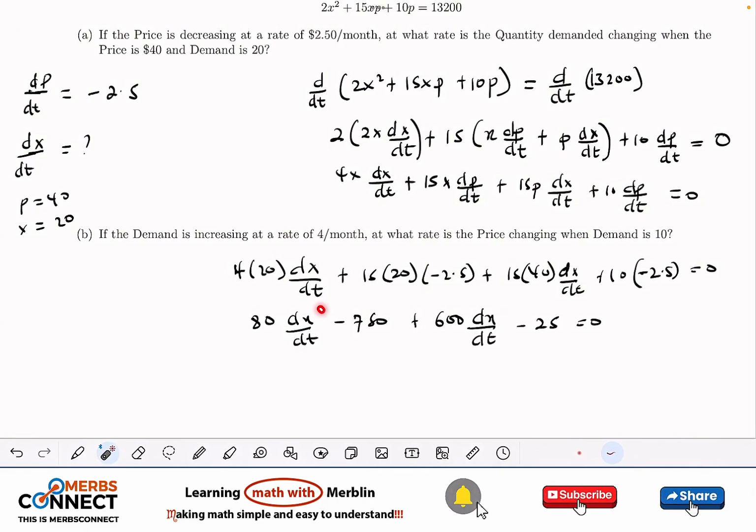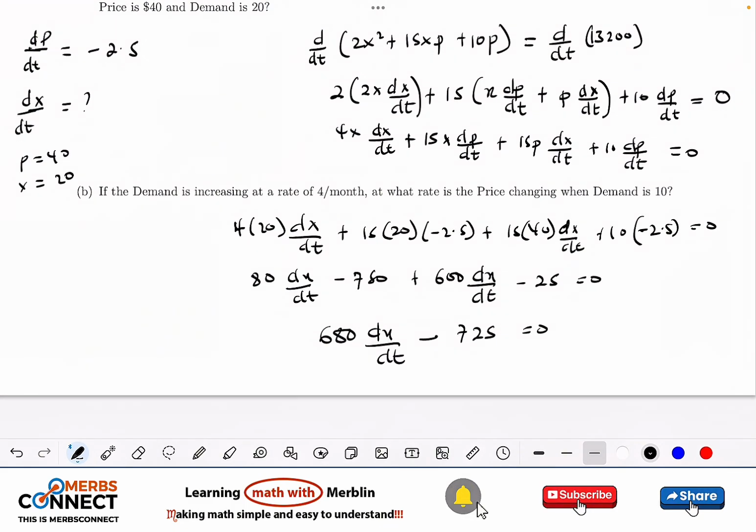So we have this and this. So we are going to add this one to this. So we are going to have 660 dx over dt. And then we are going to add this to this, which is going to give us minus 775 is equal to 0.